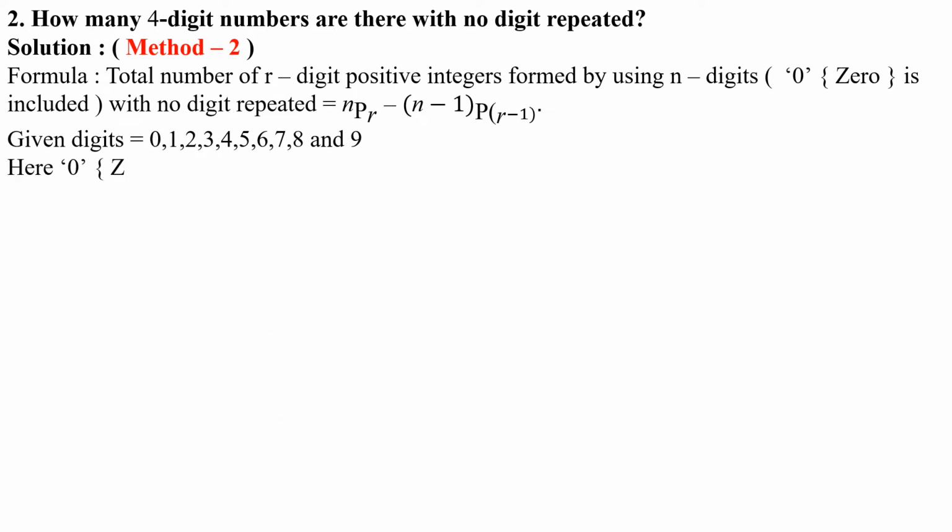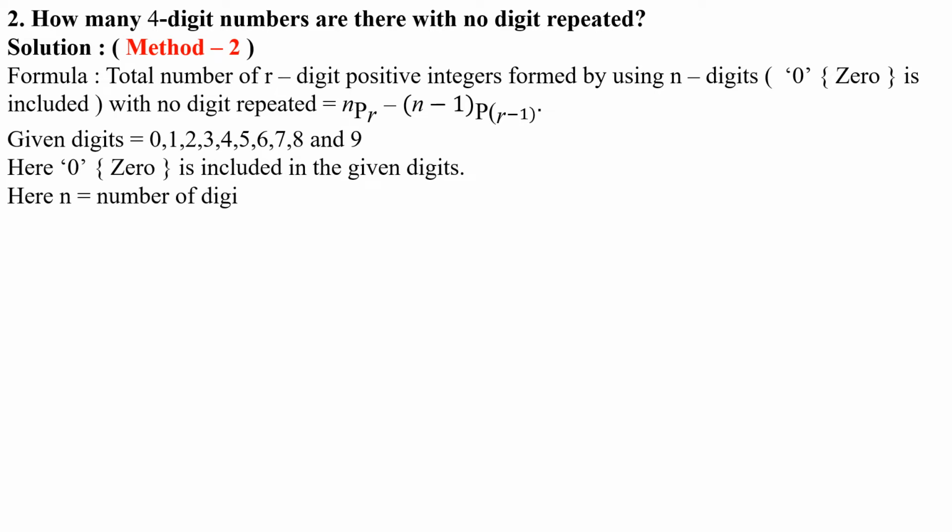Here n is equal to 10. 0 is also included in the given digits. Observe this point, my children. So what is n here? Yes, n is equal to the number of digits given, which is equal to 10.